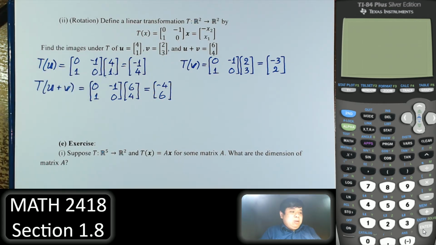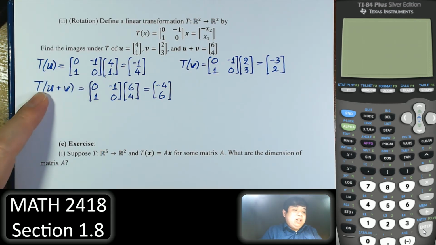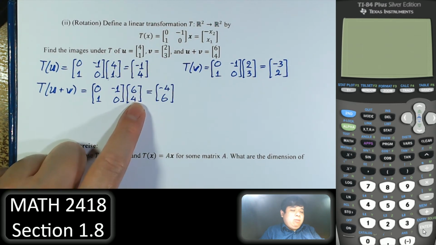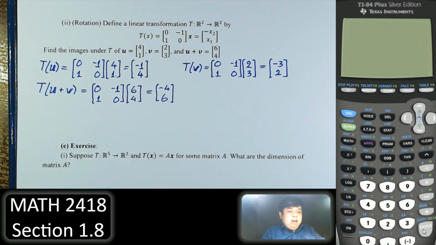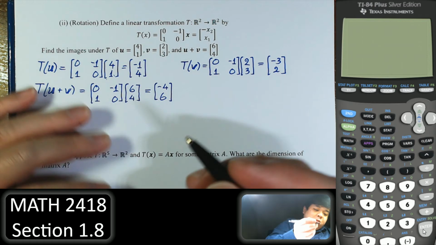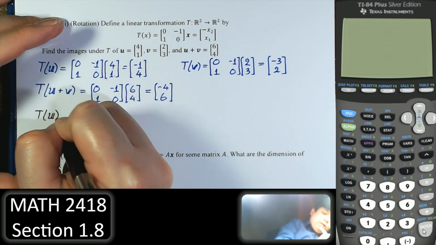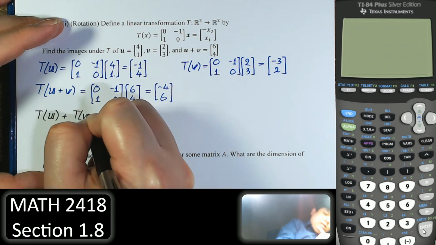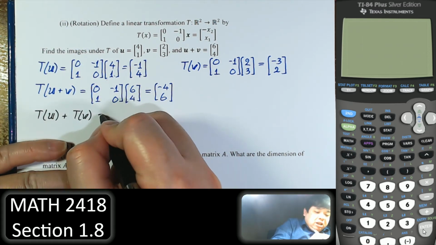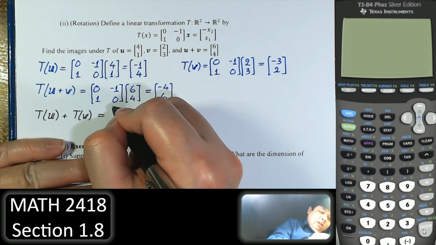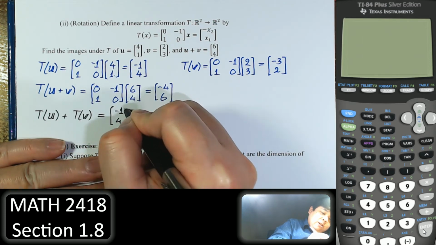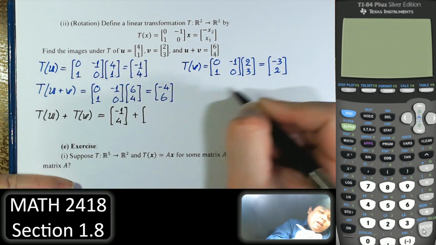However, since this is a problem, let's explore a little more. So we have T of u plus v is that. Now let's test what T of u plus T of v is. T of u is that, plus T of v is that.